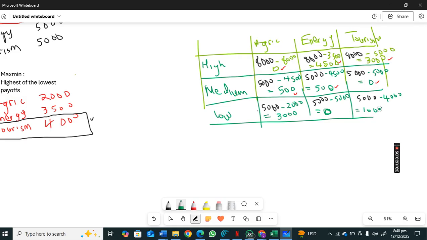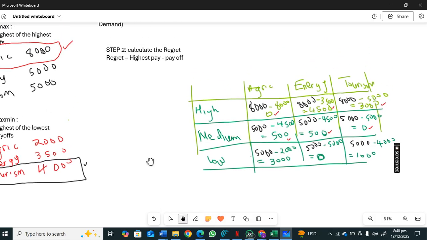Okay, so these are the regrets. If you invest in the agric sector, you lose out on 3,000. Invest in tourism, you lose out on 1,000. Invest in energy, you lose out on 0.